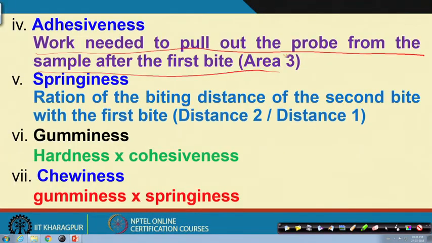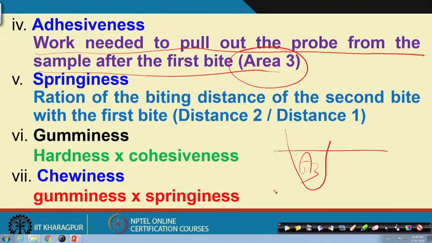When you are releasing it, how much force is required to release will dictate how adhesive it is. That work needed to pull out the probe from the sample after the first bite is area 3, the lower part. This area will tell you how adhesive it is.